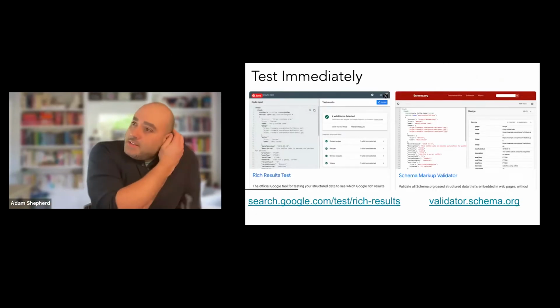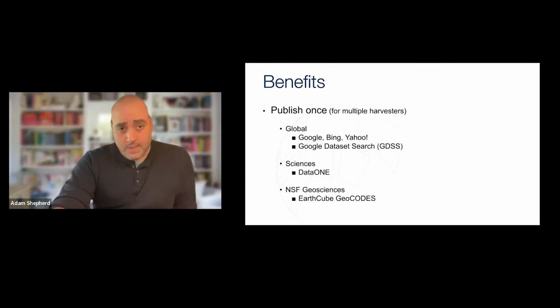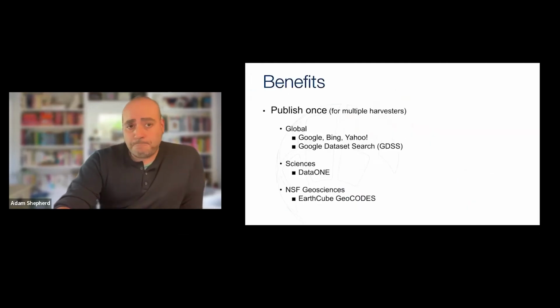One nice thing is that the community has put together some nice tools, so the barrier of entry is really low. You can mark up a web page and point it at one of these tools and get feedback right away about how that page is going to be harvested by search engines and data aggregators. You get feedback almost immediately.